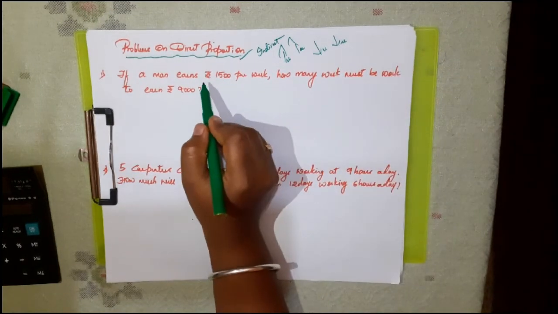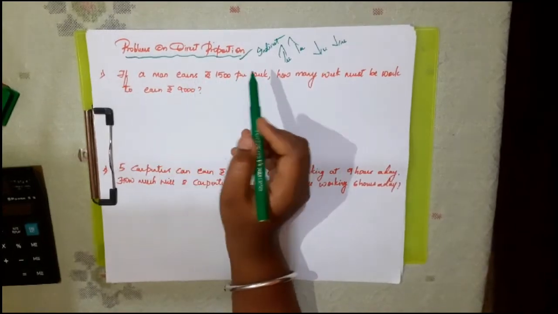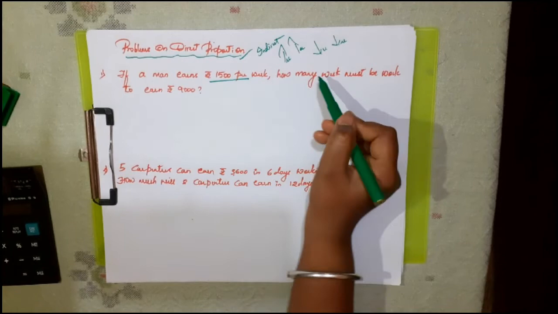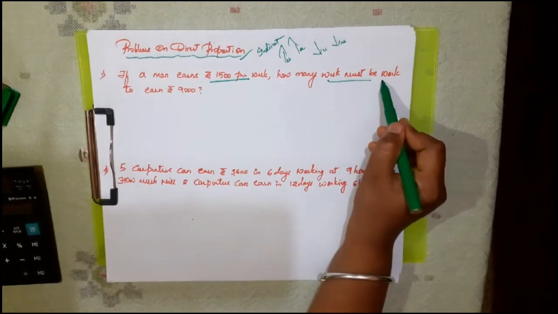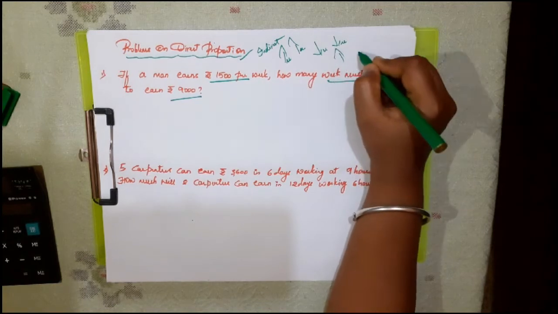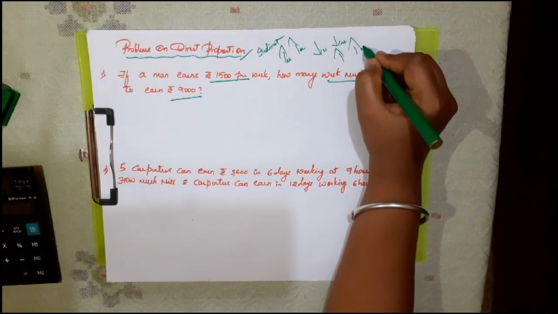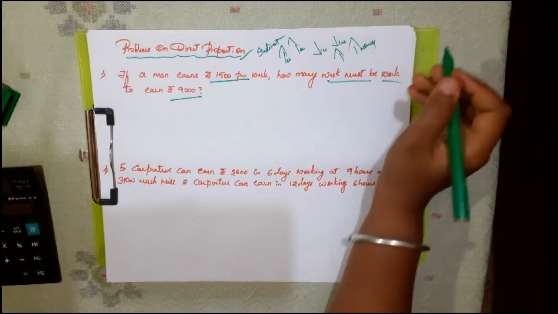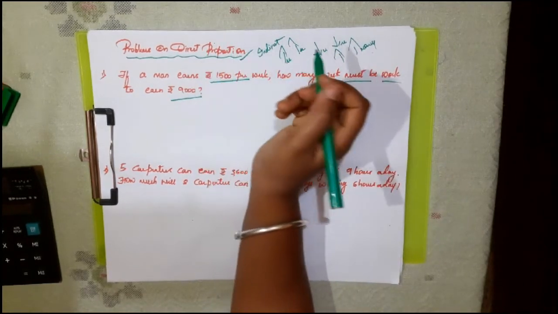So in this question, look at the question. If a man earns rupees 1500 per week, how many weeks must he work to earn 9000? See, if he is working more weeks, he is able to earn more money, right? So an increase of one leads to an increase of the other element also. That's why this is based on direct proportion.